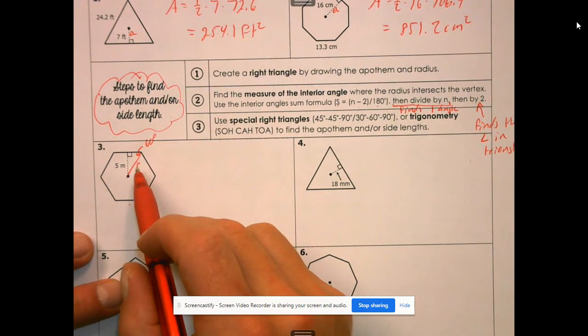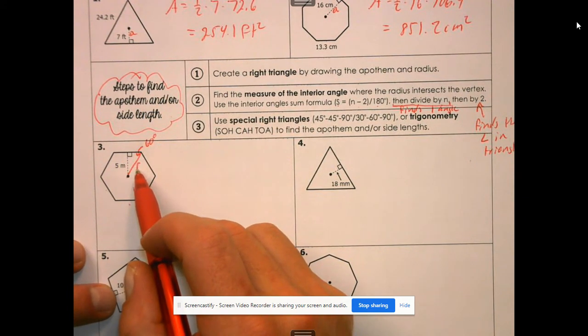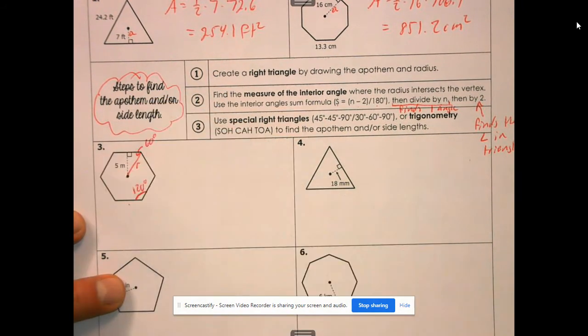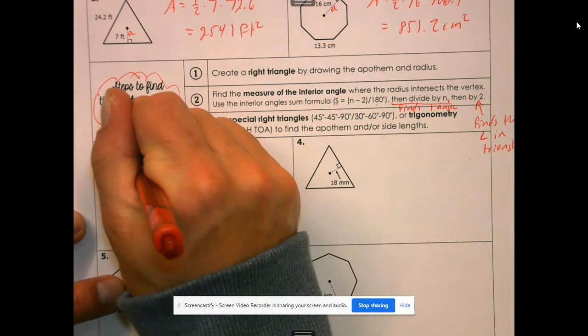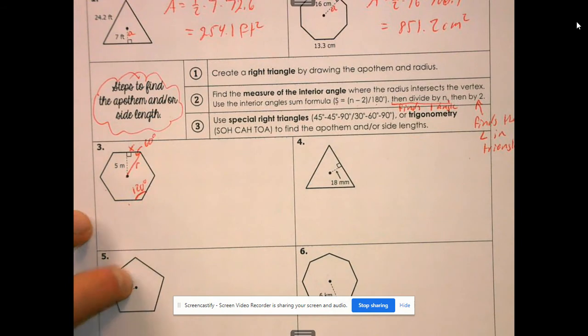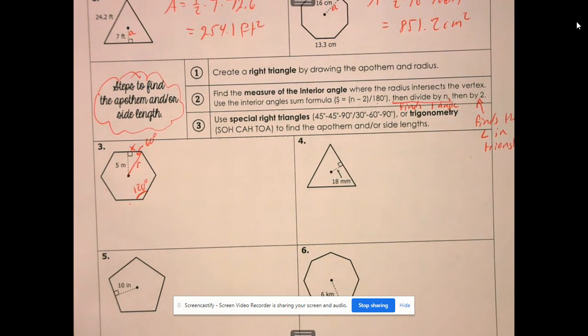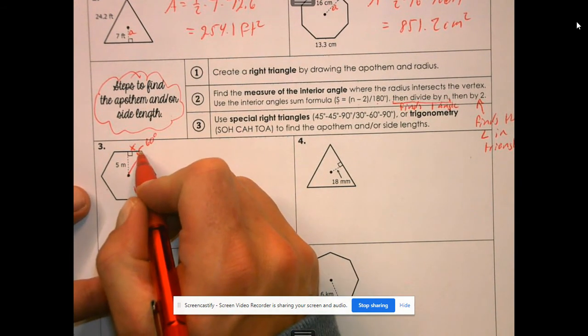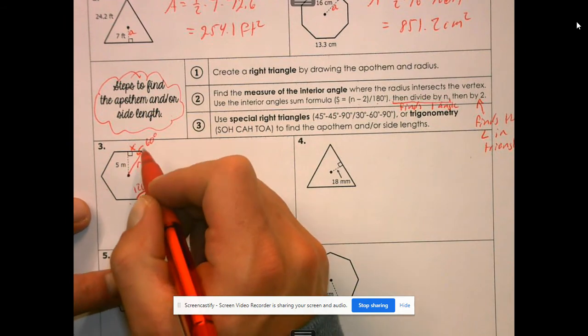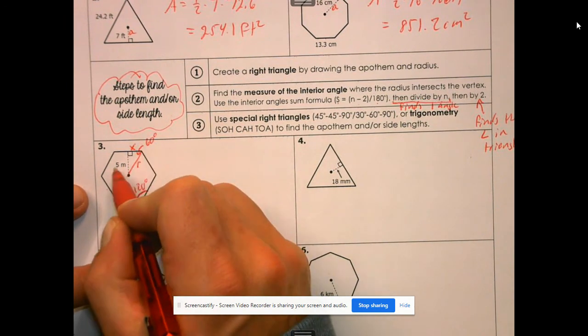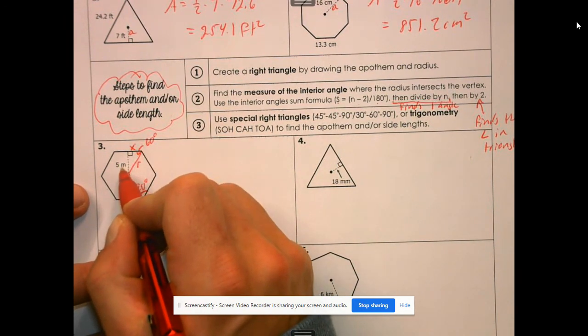Now I can use special right triangles, or I can use trig to find this edge piece right here. We need to figure out that guy right there. So I'm going to reference 30-60-90s because this is a 30-60-90 triangle. And the piece that we have would be considered the long leg.